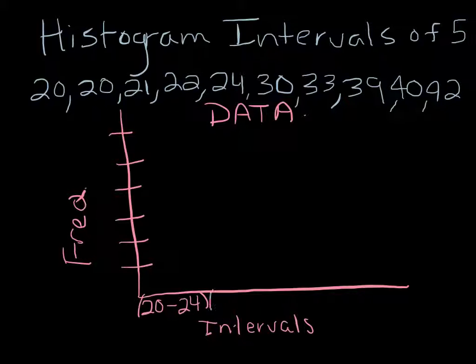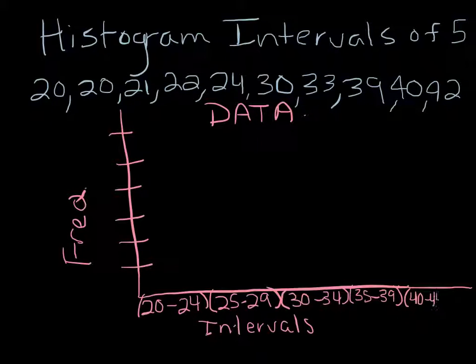My next one is going to start with 25 and go to 29, 30 to 34, 35 to 39, 40 to 44, and my highest value is 42, so I can stop there.